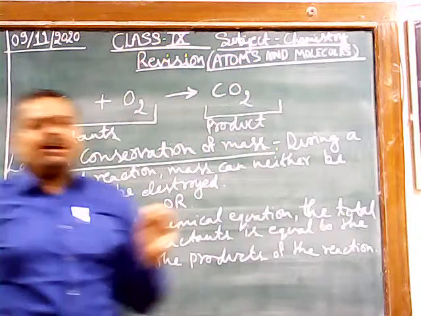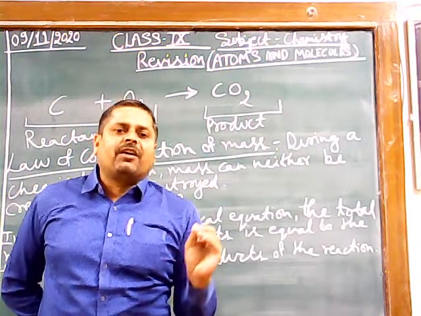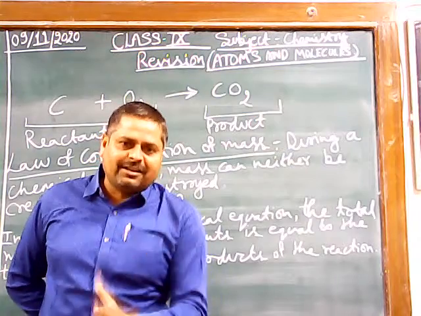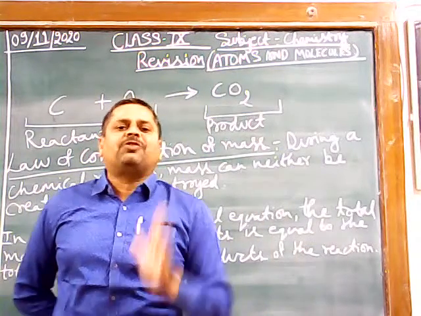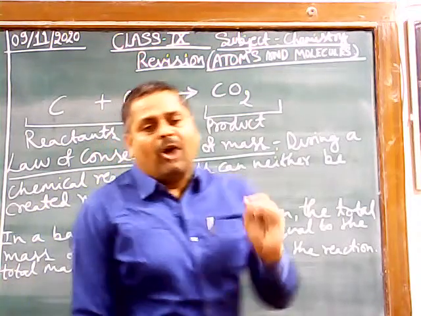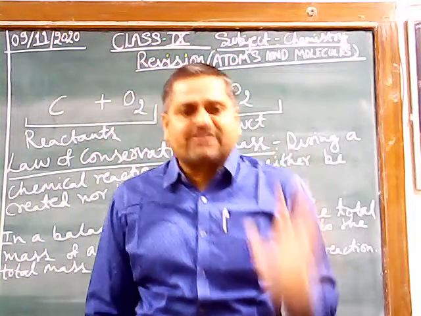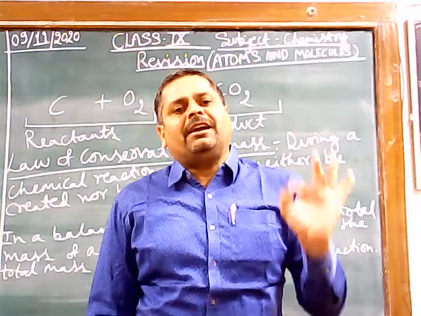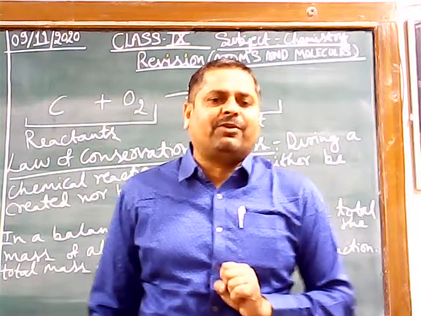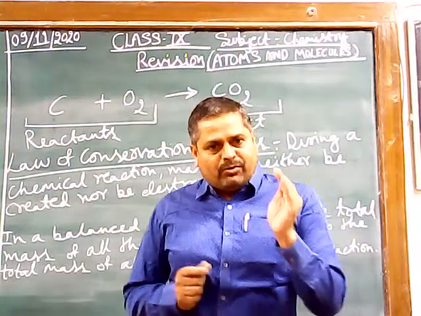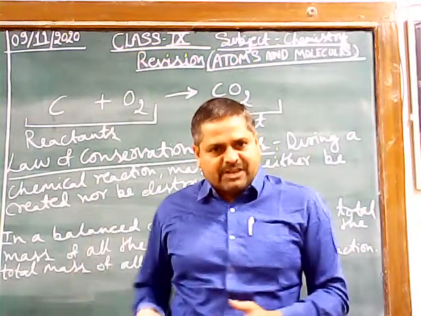So such an equation which is having equal number of atoms of each kind on the reactant side and on the product side is said to be a balanced chemical equation, and the law of conservation of mass holds good only when the chemical equation is balanced.